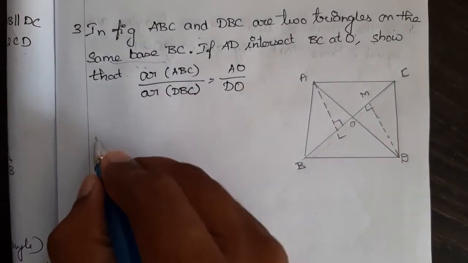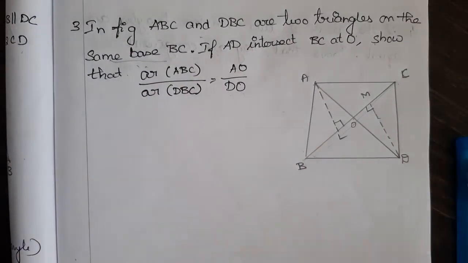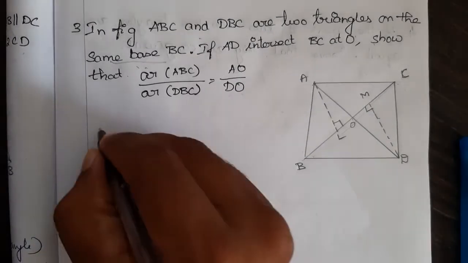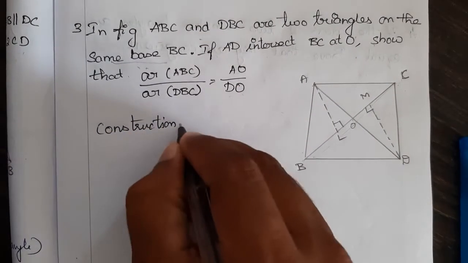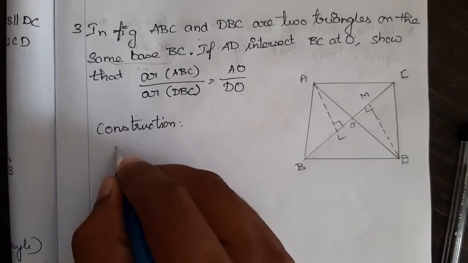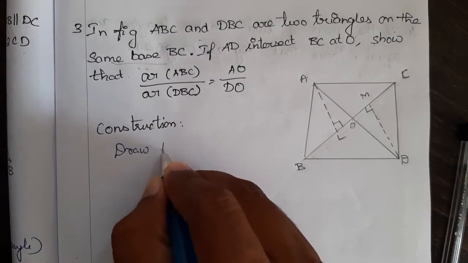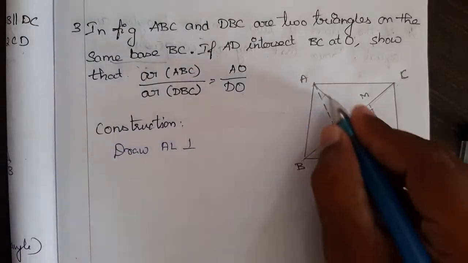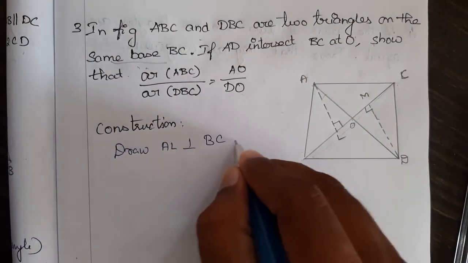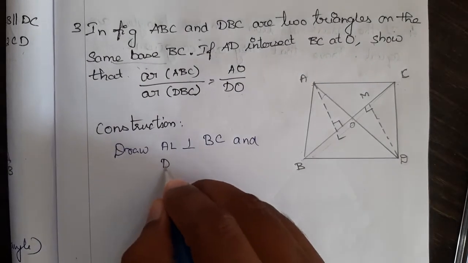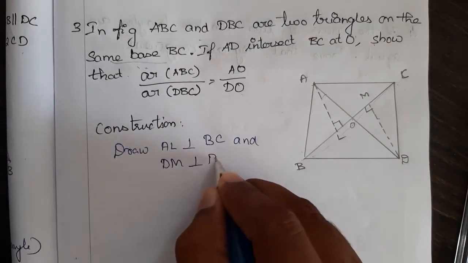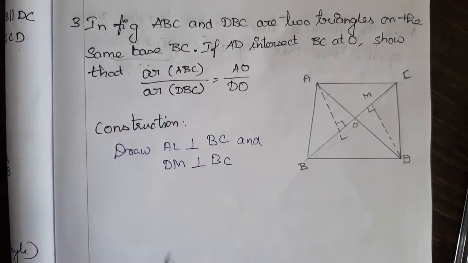So the construction is: draw AL perpendicular to BC and DM perpendicular to BC. BC is the same base that we have taken.